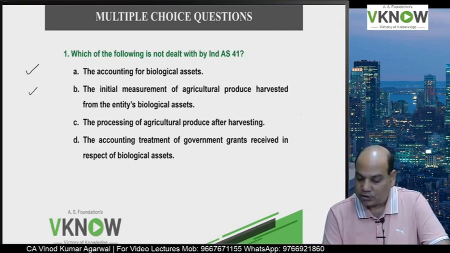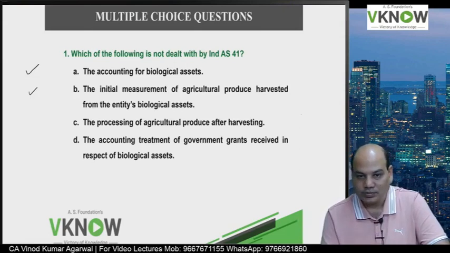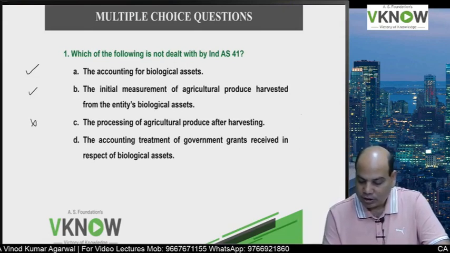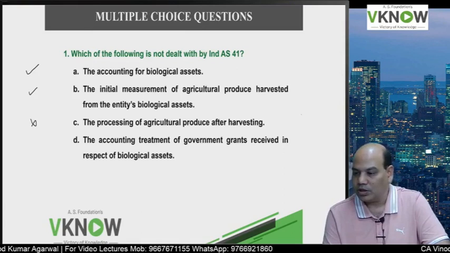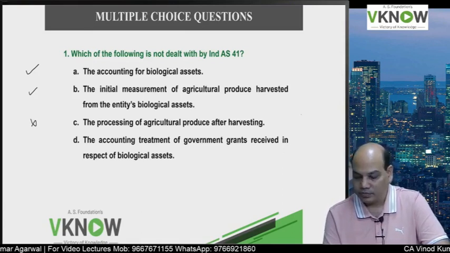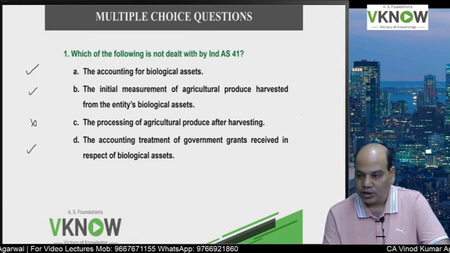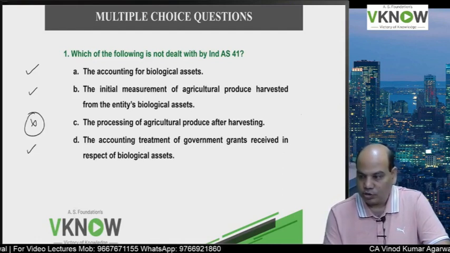Processing of agricultural produce after harvesting, this is not covered. Accounting treatment of government grant received in respect of biological asset, this is also covered. So automatically the answer you have to tick mark is point number C.